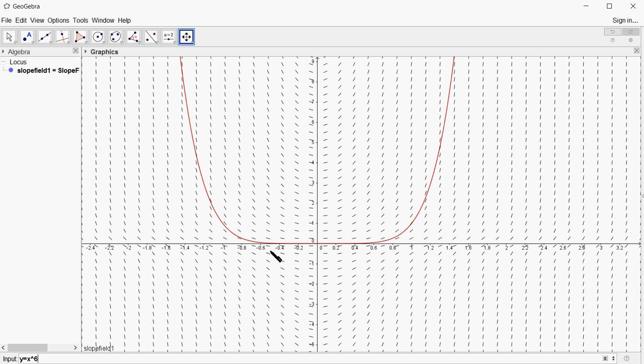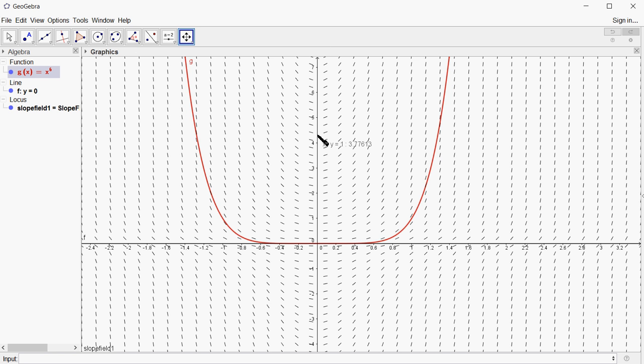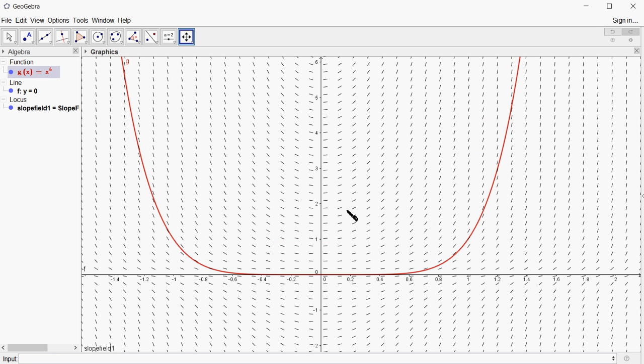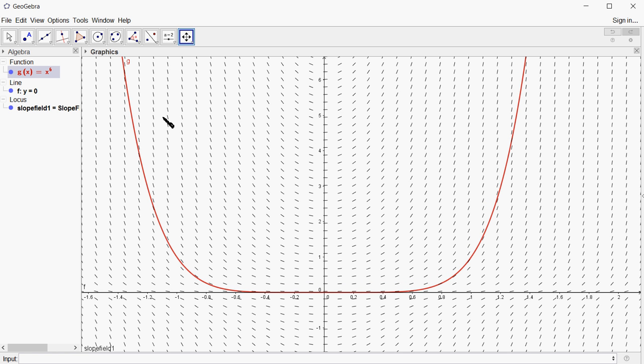And y equals 0, as you can see, is also a solution. Oh, sorry, I erased the other one. y equals x to the 6th. Maybe I'll stretch it out a little bit here. You can see that the red one is y equals x to the 6th power.